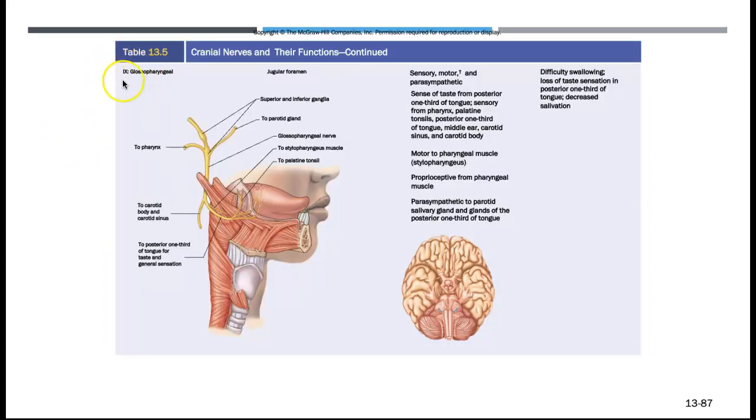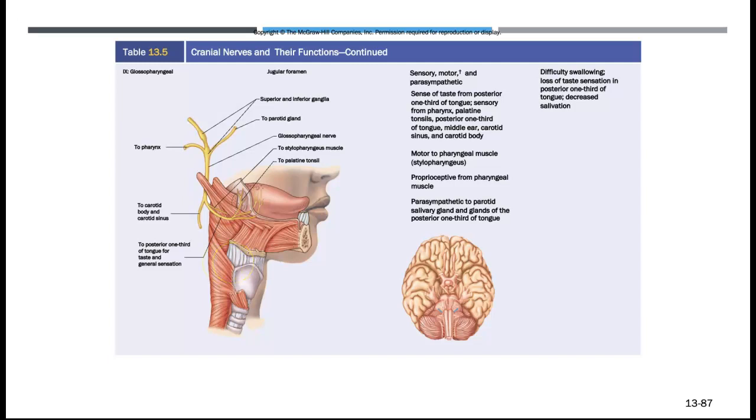Cranial nerve number 9 is the glossopharyngeal nerve. This exits through the jugular foramen and will go and supply many structures here in the throat area and will give us the sense of taste from the posterior 1/3 of the tongue. We will also supply a lot of these pharyngeal muscles that we see back over here to assist with swallowing, and we supply the parotid salivary gland.